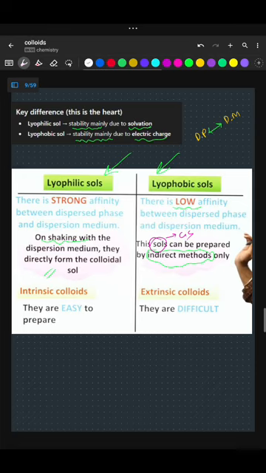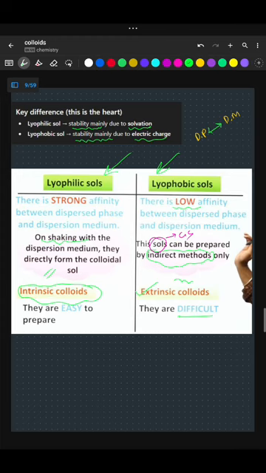Lyophilic colloids are intrinsic colloids, which means they are easy to prepare, and lyophobic ones are extrinsic colloids, which are very difficult to prepare. By just shaking, you prepare the lyophilic colloids, but you cannot directly create the lyophobic ones. For lyophobic sols, you need difficult methods to create a colloidal solution.